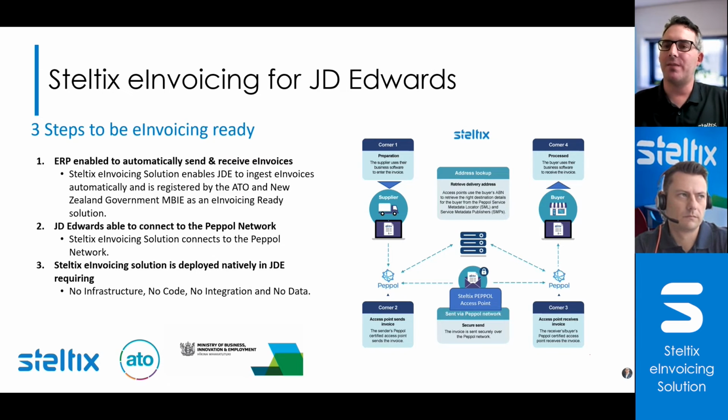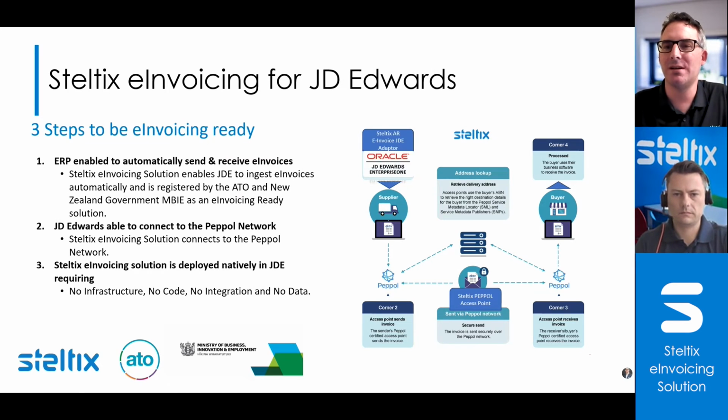So that's on the AR side, the ability to generate an e-invoice with that PDF we just covered off. And then on the AP side, the ability to ingest an e-invoice and kick off the AP automation process. So those two key components are required. So that's the AR adapter and the AP adapter.